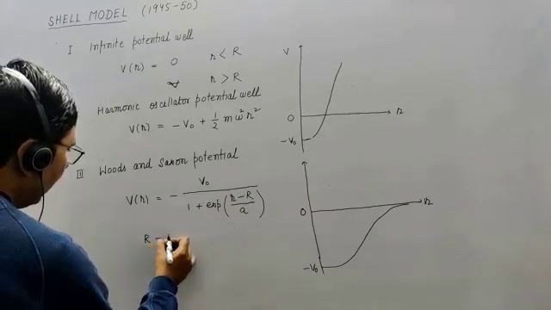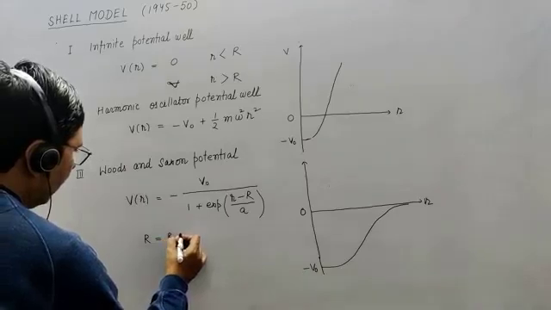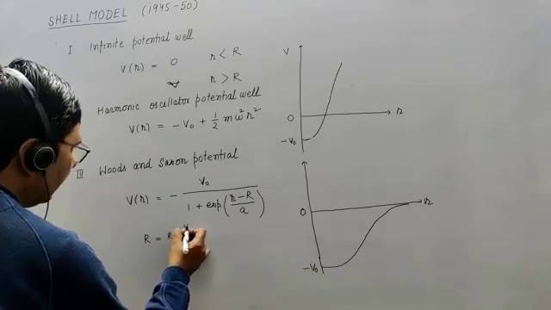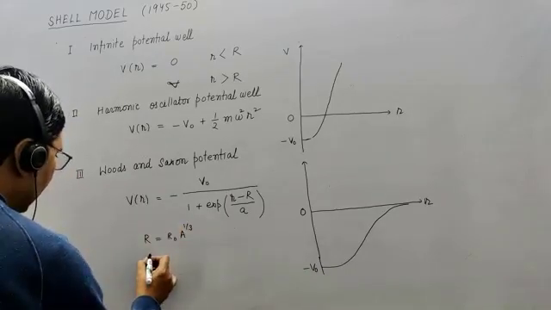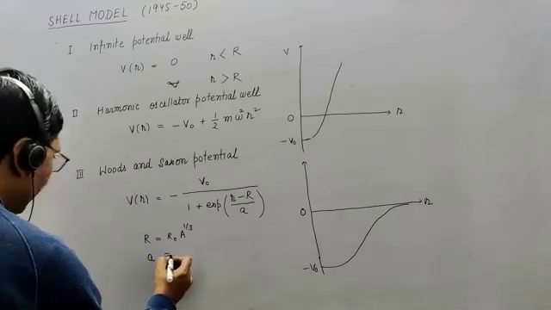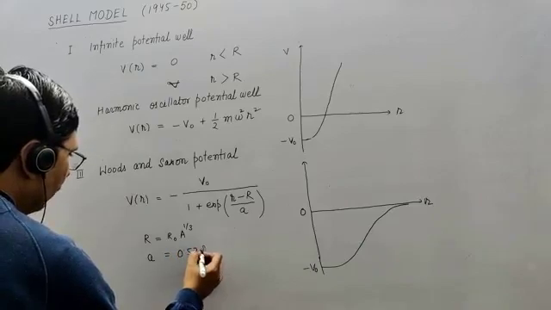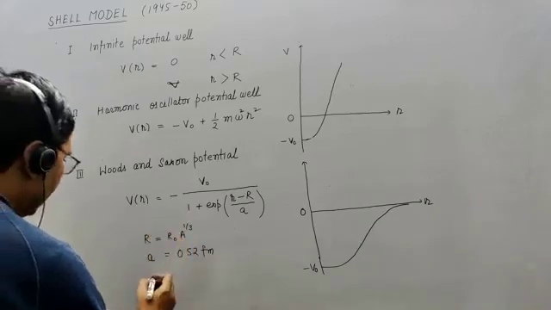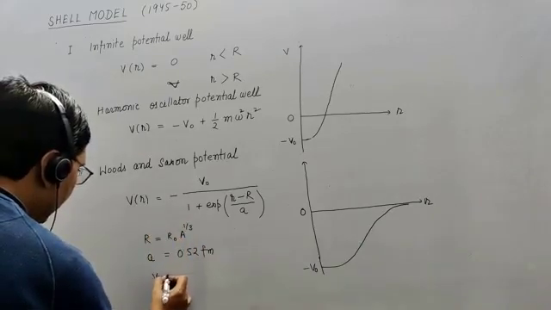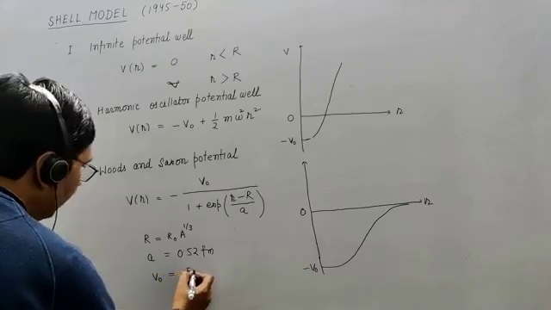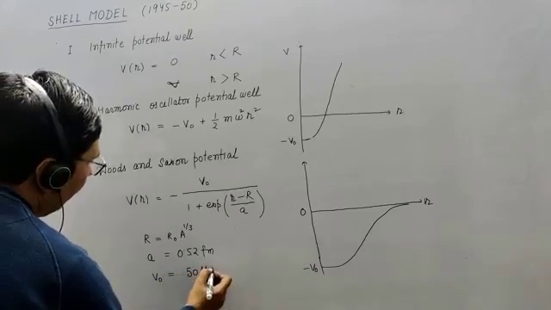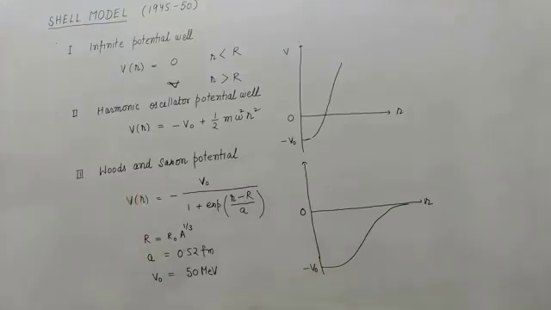This will be given by R equal to R naught A to the power 1 by 3, where R naught is 1.2 Fermi, and another is this V naught, which will be nearly 50 MeV.